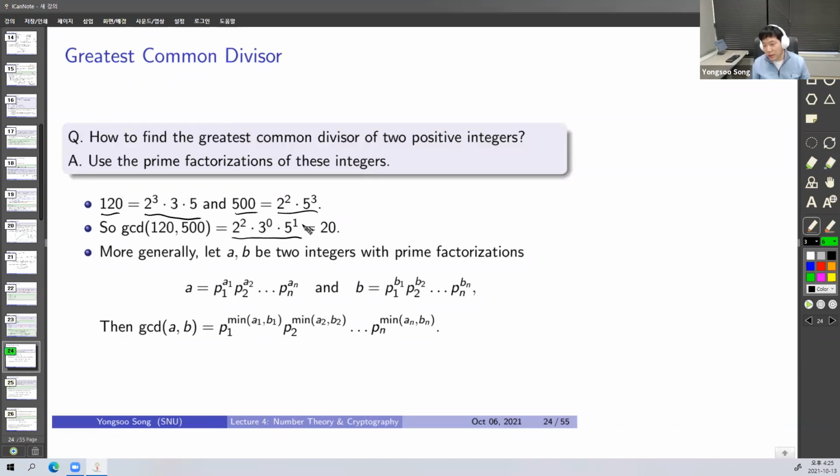We just list the primes here, and these exponents are taken as the minimum of the two exponents. More generally, if A and B are two integers with prime factorization like this, then the GCD can be computed like this.